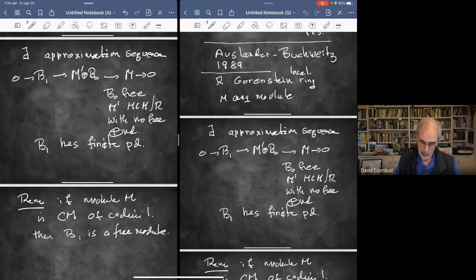In general, you can tell the projective dimension of B1. It's just one less than the codimension or than the codepth of M, more properly. Because of the Auslander-Buchsbaum formula, any module of finite projective dimension, doesn't have to be over a regular ring, satisfies this.